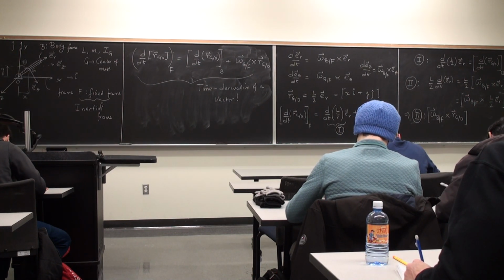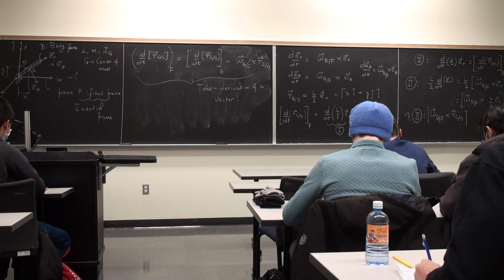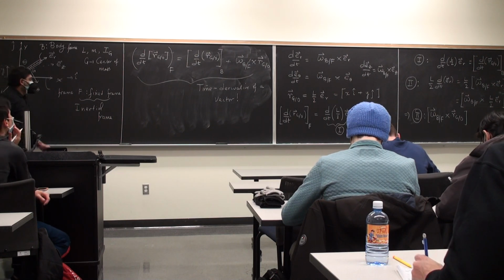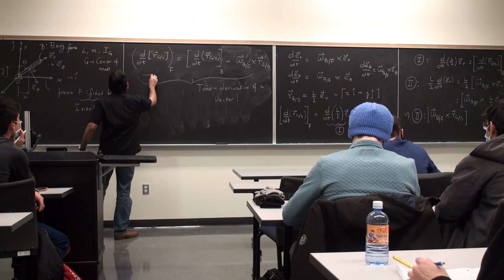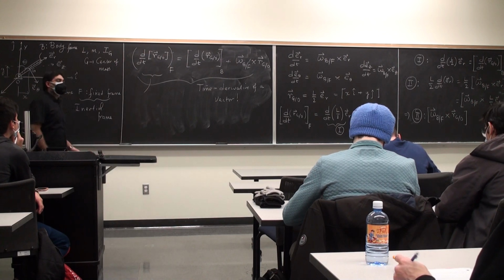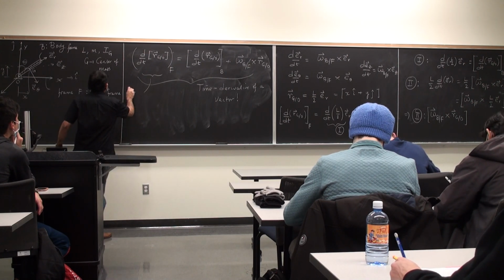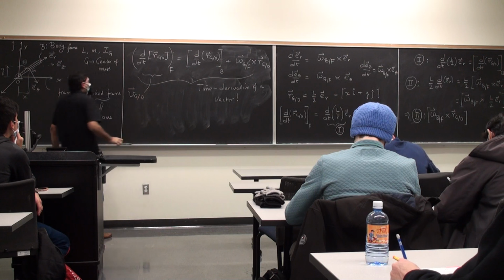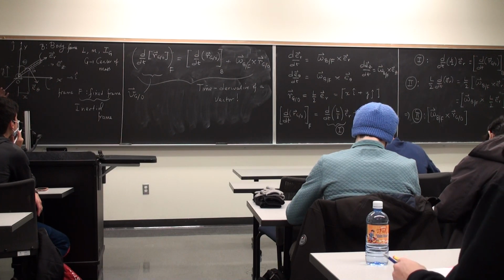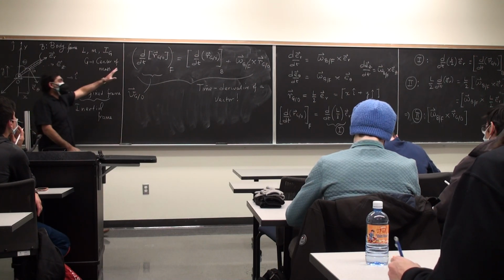Essentially, this gives me the velocity vector with respect to a fixed observer. So I can call this the velocity vector, V_G/O, which tells me that if I need the acceleration vector, I can employ the exact same formula.